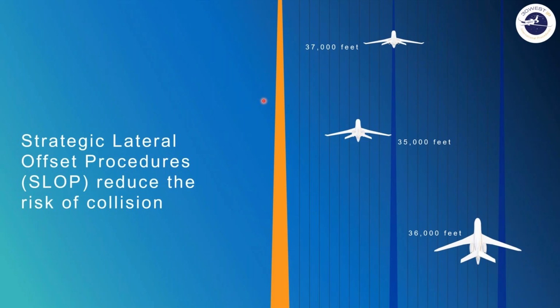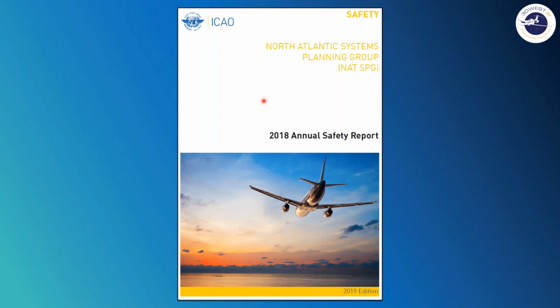This says the 2018 annual safety report, but it carries through to the present day. It's the North Atlantic Systems Planning Group, a group of those statisticians and operational folks I talked about earlier.